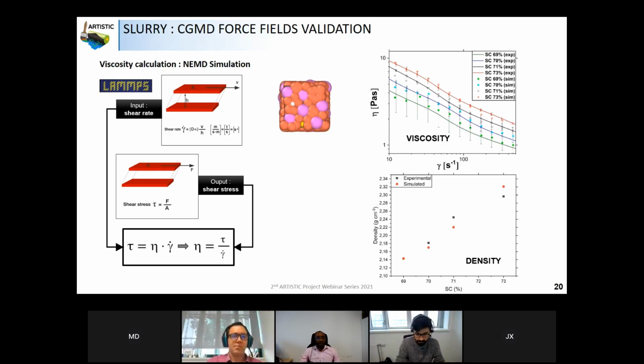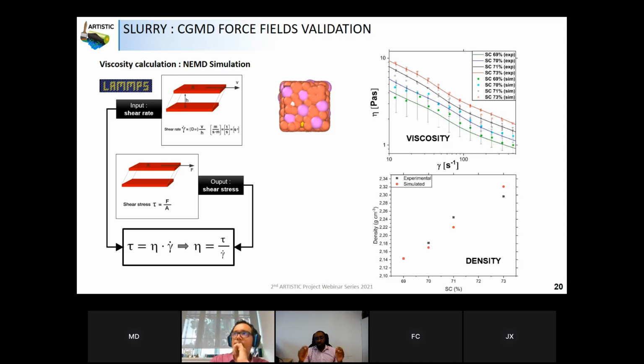Okay, nice question. For the size of the CBD, we evaluate the number of CBD particles by taking into account the density of the solid CBD and the composition, because with that we can evaluate the volume of the solid CBD.